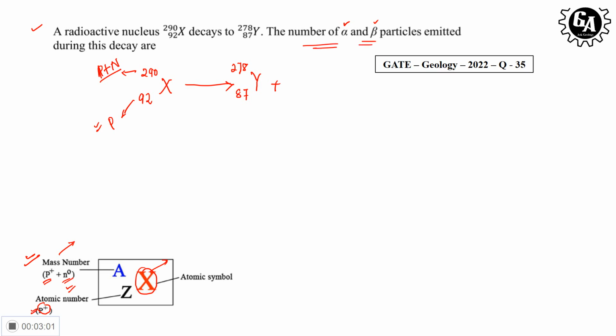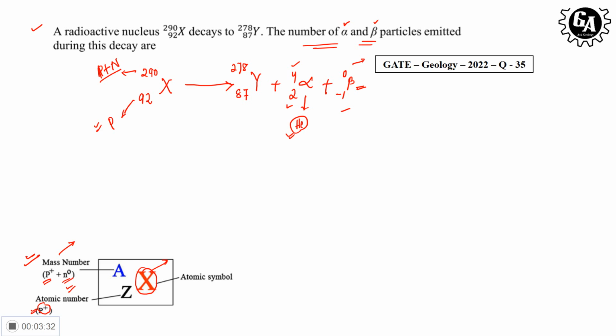For alpha particles, we know it is 2 and 4, plus beta particles, which is -1 and 0. Alpha is similar to helium, so it has an atomic number of 2 and mass number of 4. In beta particles the atomic number is -1 and it has no mass number. So this is basically the equation.